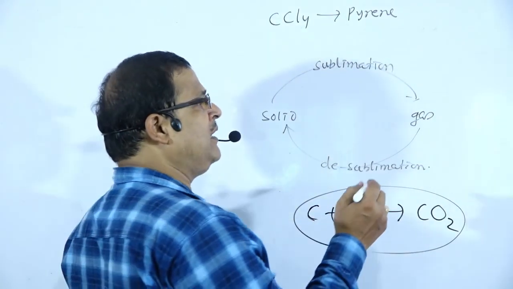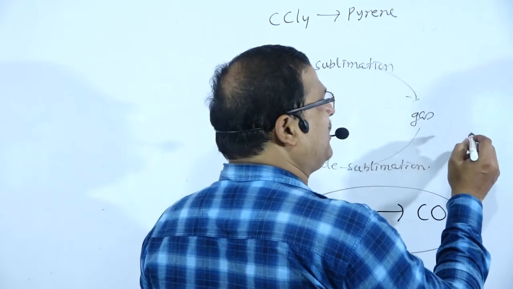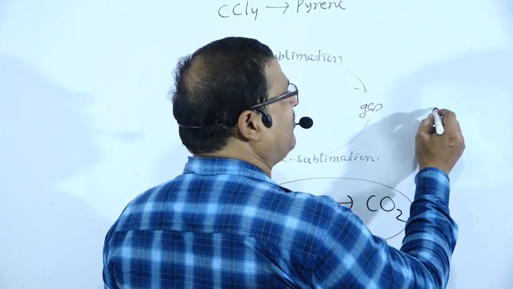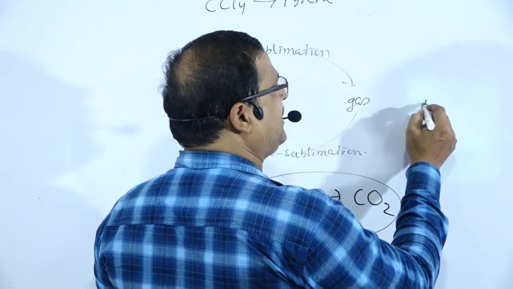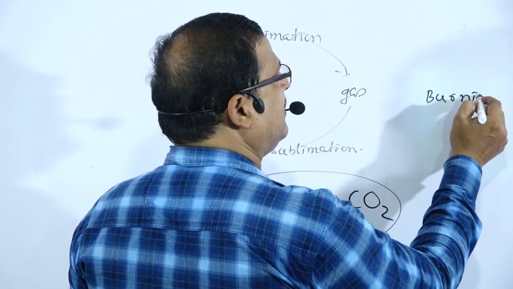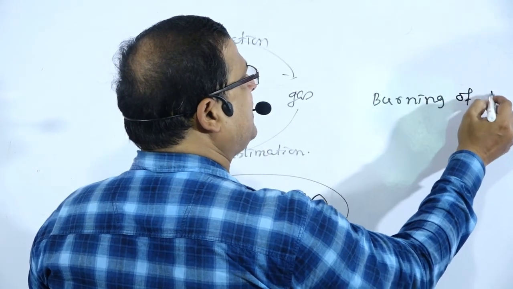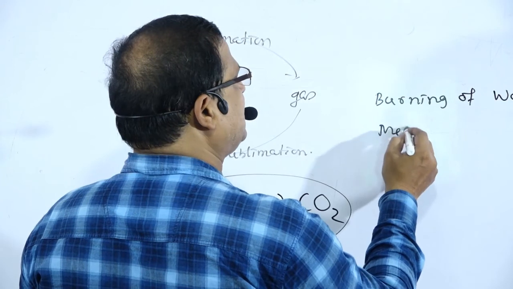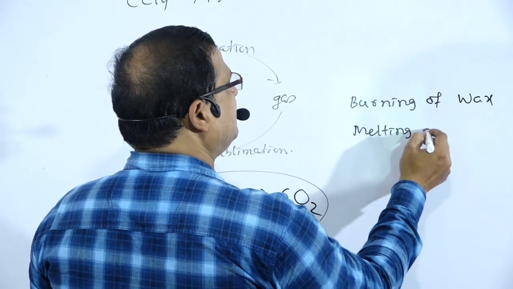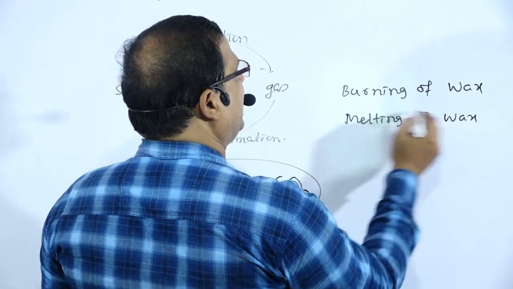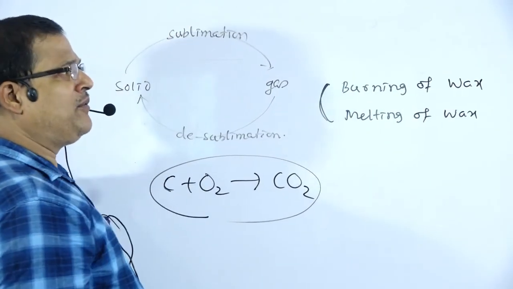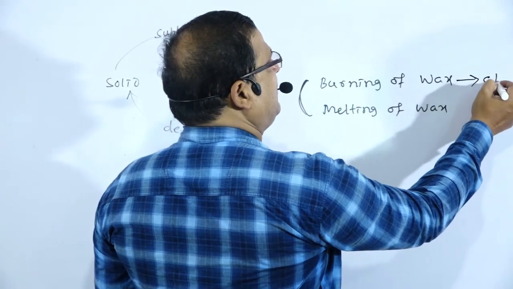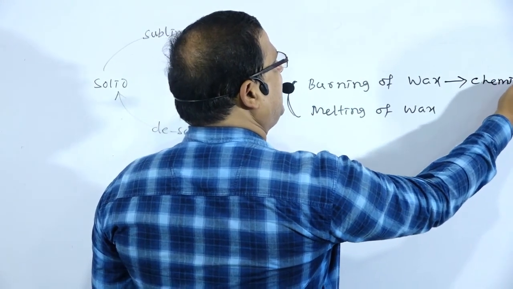Or if we take burning of wax and melting of wax, we have two processes. Burning of wax involves combustion, and that is a chemical change.